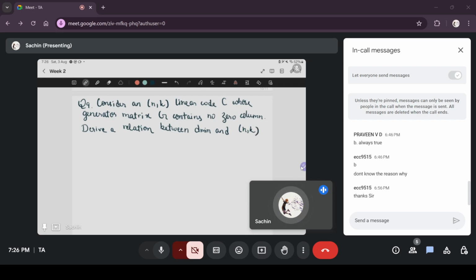So how is the d min dependent on the code parameters n and k? They're asking you to give a formula basically, or at least if you can't find out what d min is equal to, if you can give d min is less than or equal to or more than or equal to.